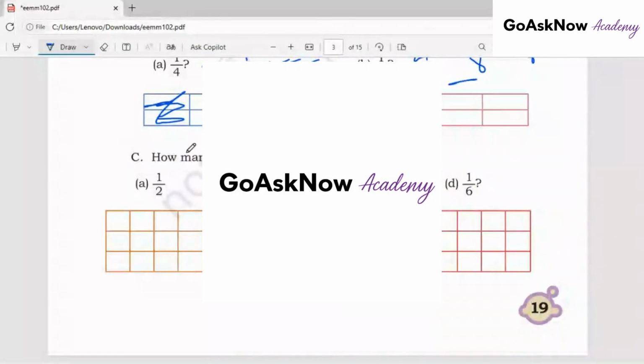Now coming to part C: how many of each fraction make 1 by 2? Here we identify 1 by 12 into 6, which is 6 by 12. Now we have to shade 6. How do we obtain 6? 2 into 6 is 12.